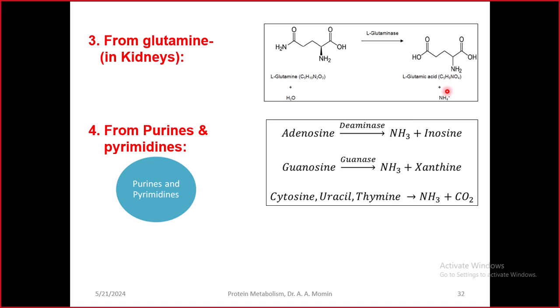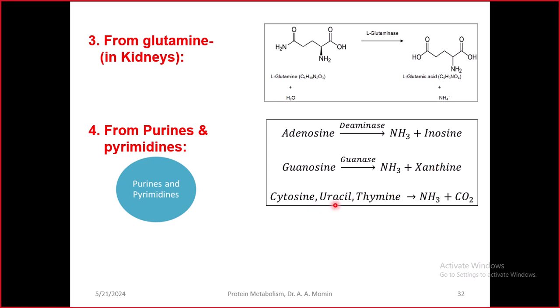From purines and pyrimidines like adenosine, the enzyme adenosine deaminase acts on the adenosine and removes the amino group attached to it, and adenosine is converted to inosine. The guanase, we have seen these two reactions in the catabolism of purines in the formation of uric acid. So guanosine, by the action of the enzyme guanase, liberates ammonia and gets converted to xanthine.